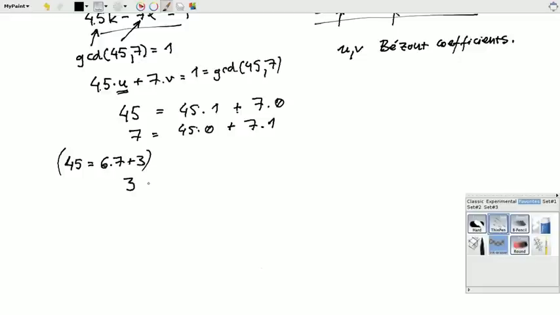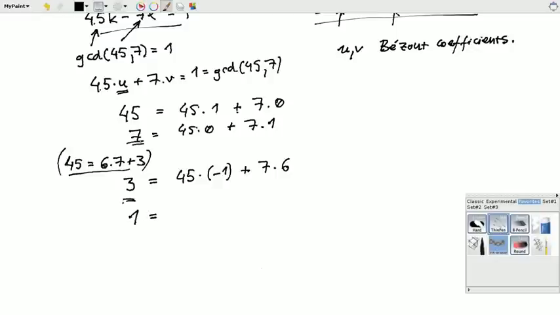So the number 3 is the next one we are interested in. And you can write 3 as is seen from this equation, like 45 times minus 1 plus 7 times 6. Then the next step would be to take the remainder after dividing 7 by 3, which is 1.